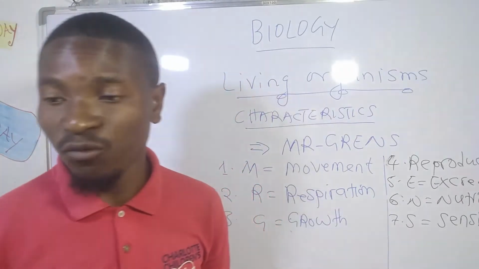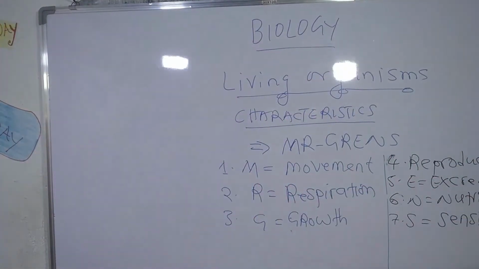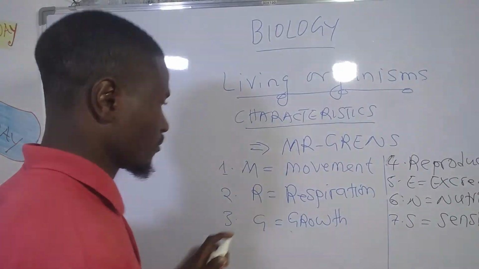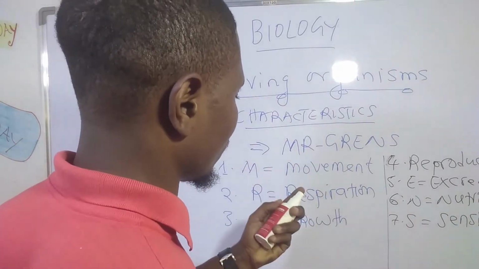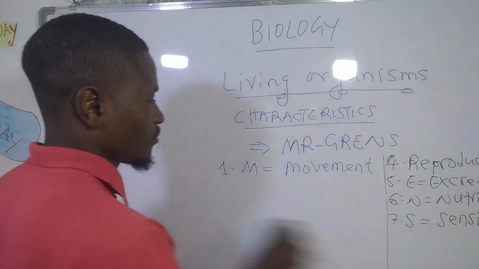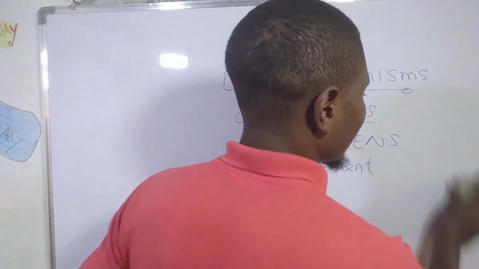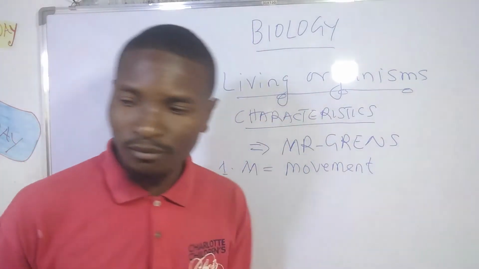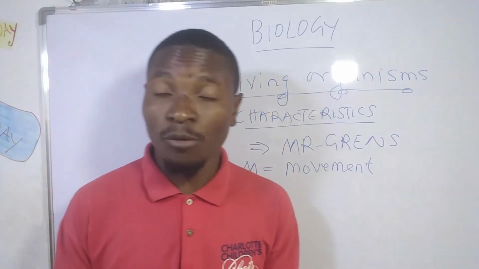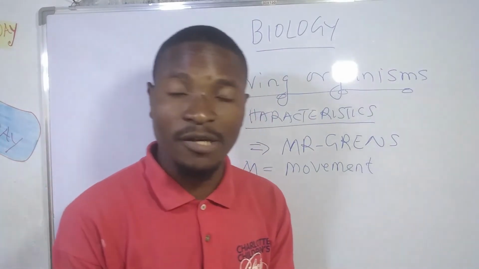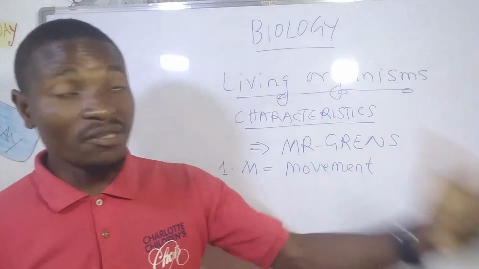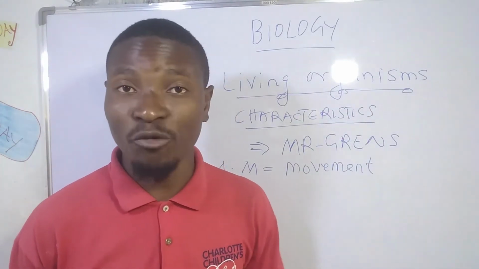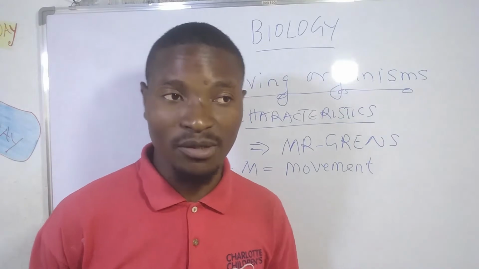So first of all, when we talk about movement, anything that is called a living organism must be able to undergo the process of movement, because movement is very cardinal.